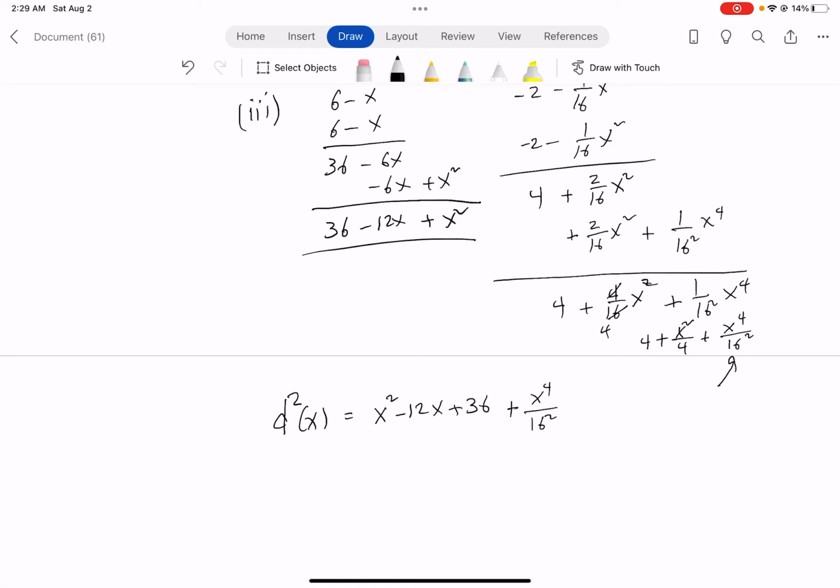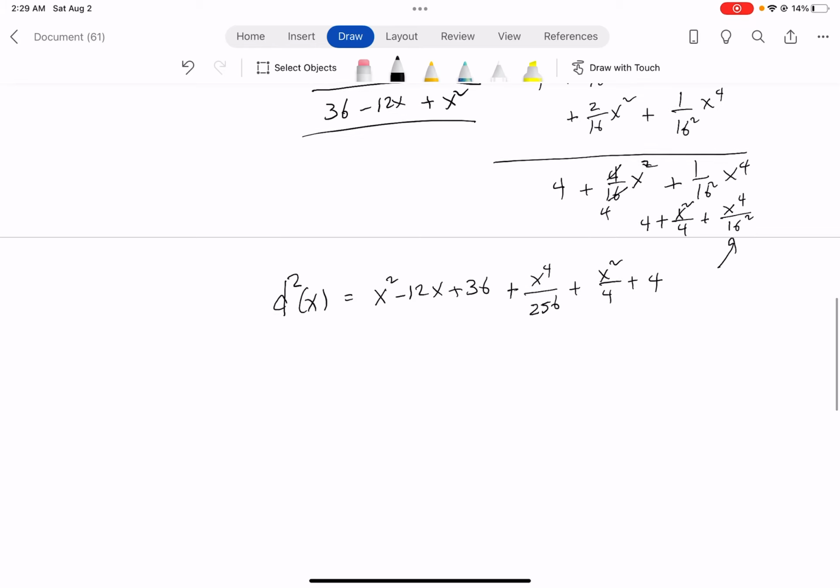What's 16 squared? 256. Okay, plus x squared over 4 plus 4. Okay, we have it like that, and now we're going to combine all the terms.